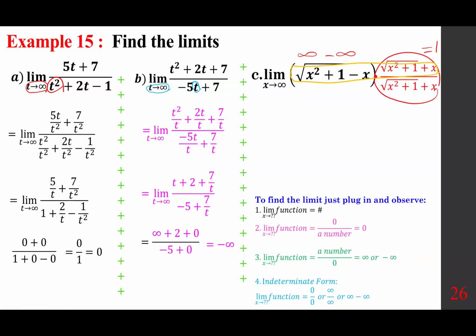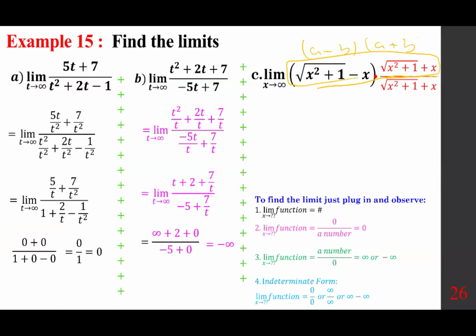So you keep the denominator and you multiply the top as follows. So let me actually erase something. So when you extend that, you multiply these two, you're multiplying a minus b times a plus b. The answer is a squared minus b squared, which means square the first one, which comes out, minus square the second one, which becomes minus x squared.